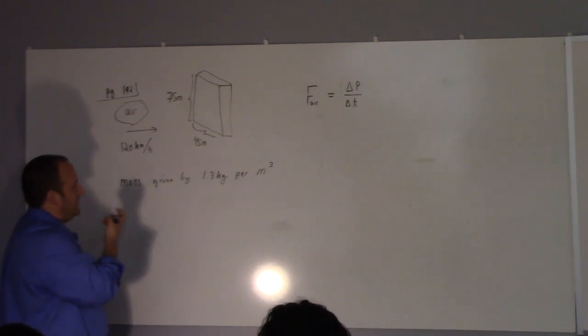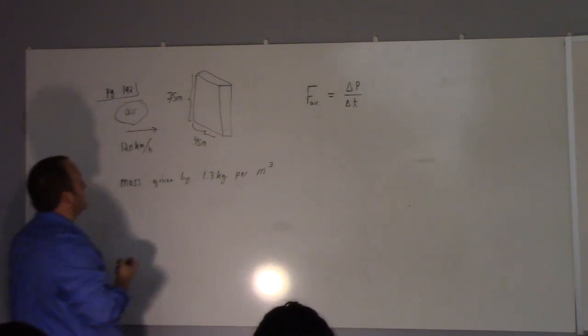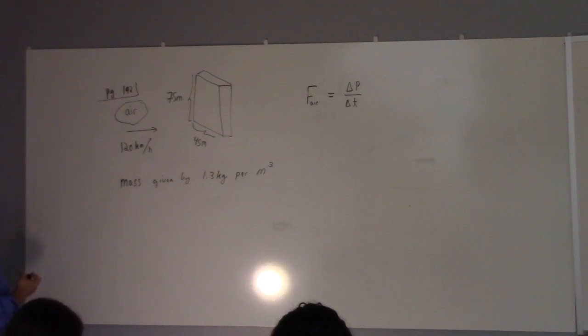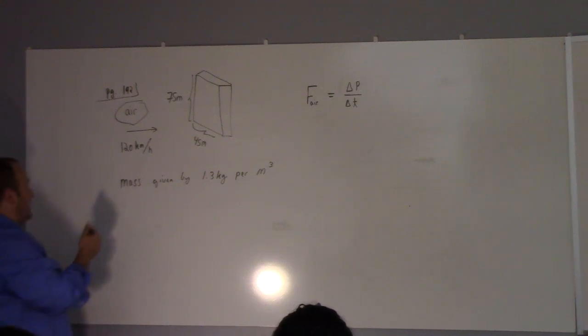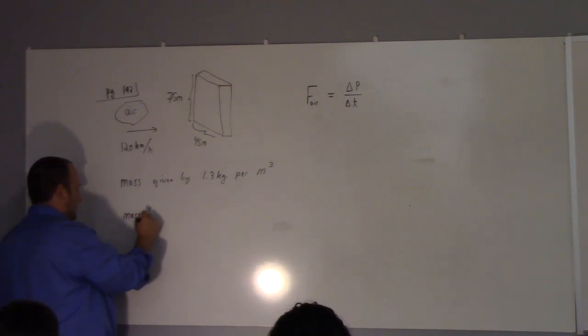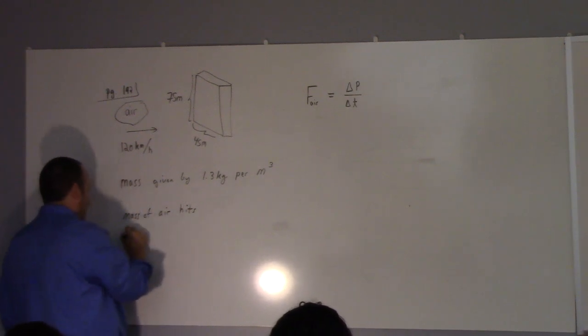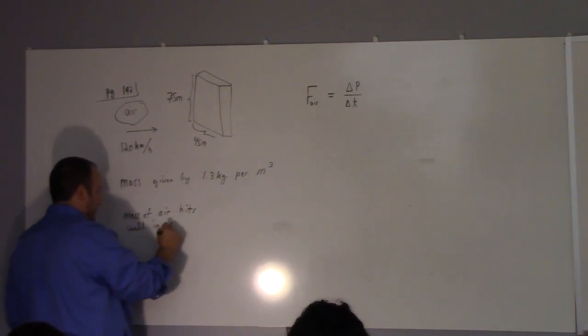The question is, how much air is hitting the wall in an hour? Let's stick with an hour for a second. So what's the mass of air that hits the wall in 1 hour?